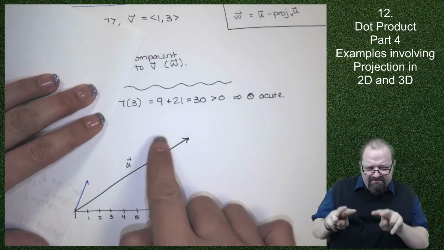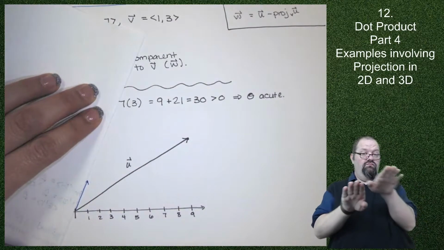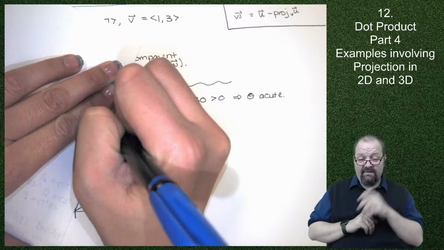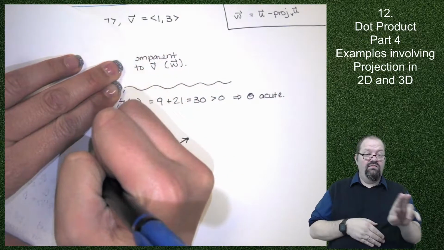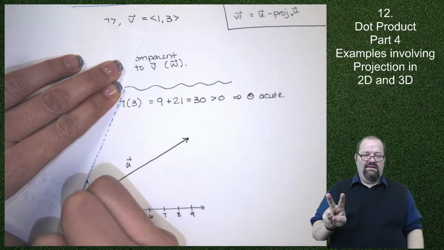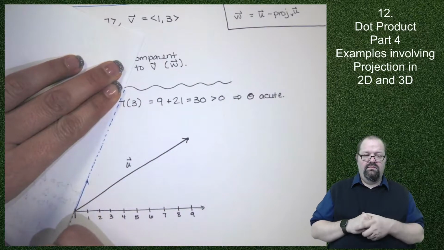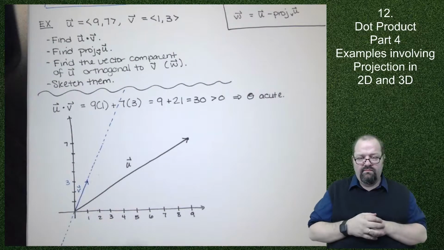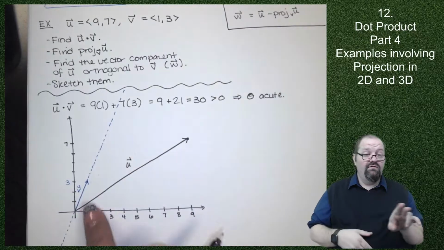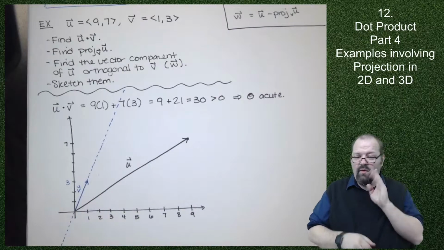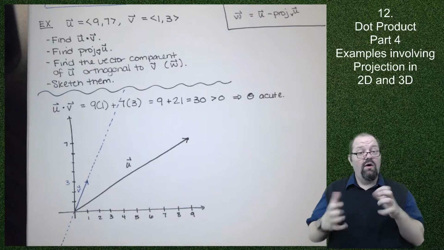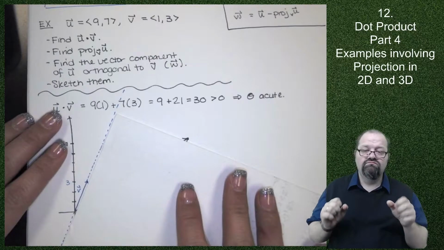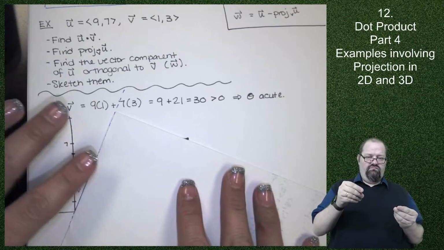Now the projection of u onto v is going to be on this line. It's the part of u that's parallel to v. And we're talking about the vector projection. The part of u that's parallel to v is going to be on this line. And to find the part of u that's perpendicular to v, I'm just going to put my straight edge here and go out to that point.